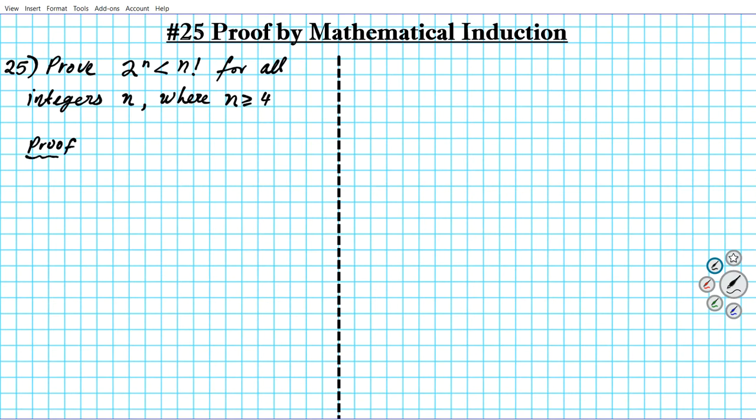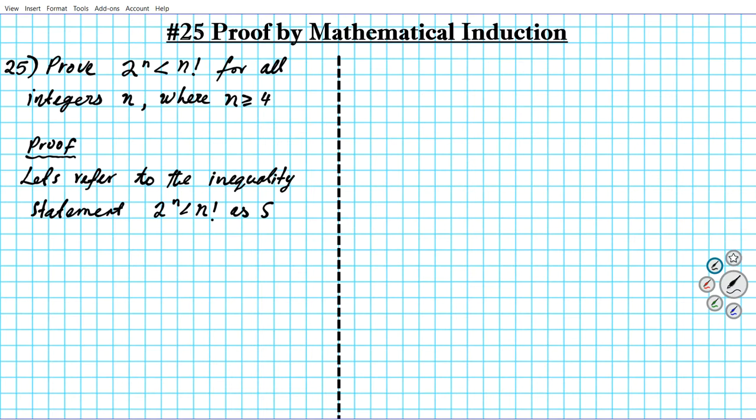To get us started, we're going to rewrite this inequality statement using Sn. Let's refer to the inequality statement, 2 to the n is less than n factorial, as S sub n.